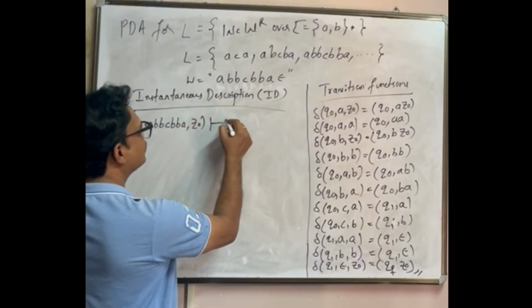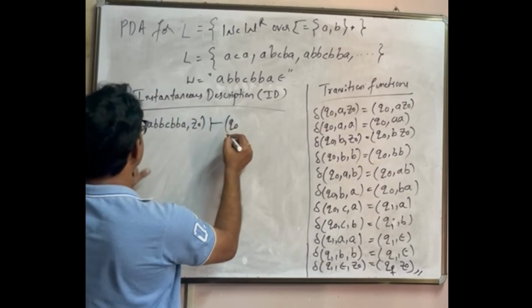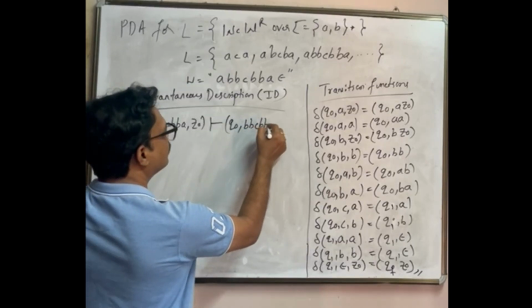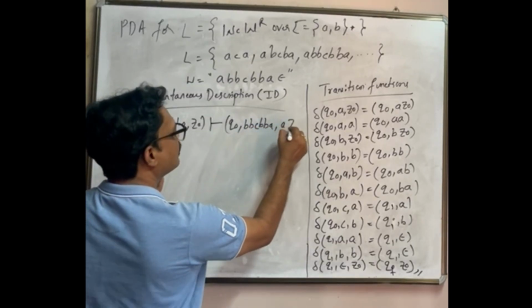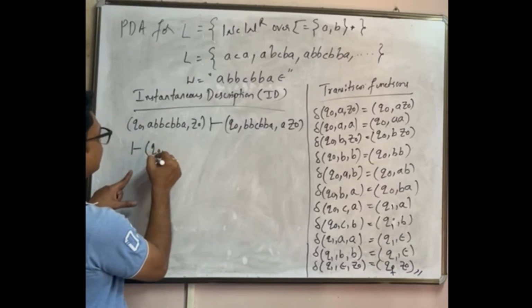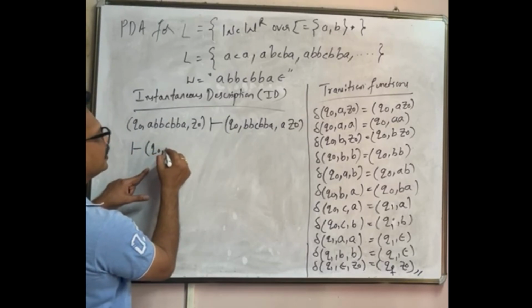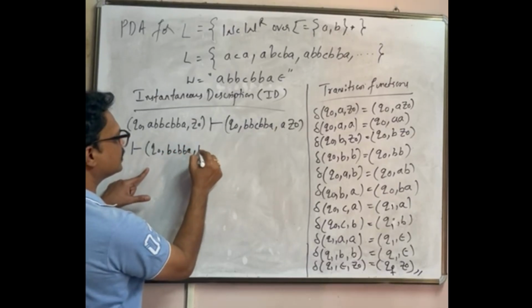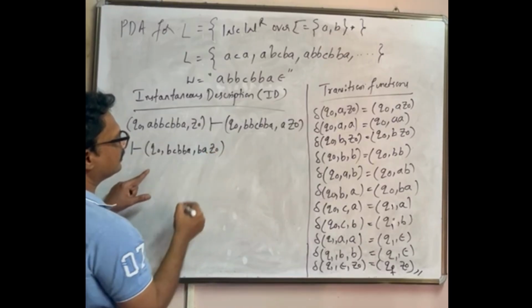Now first, in the same state, it reads A, it pushes it, the remaining symbols are these things, that is A, Z0. Then in the same state it reads one more B, the remaining symbols will be these things and it gets added to the stack.